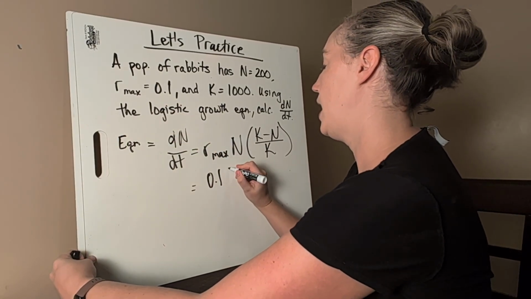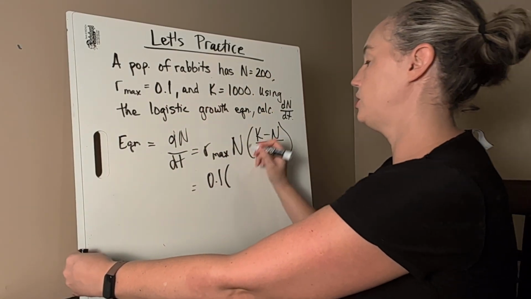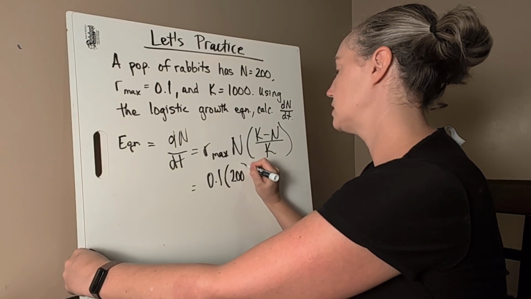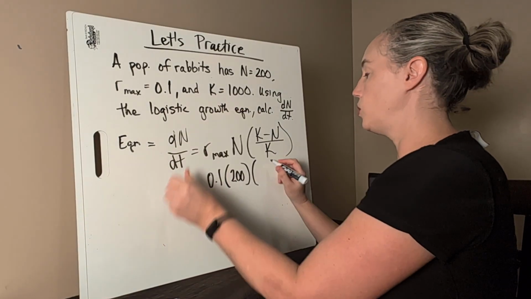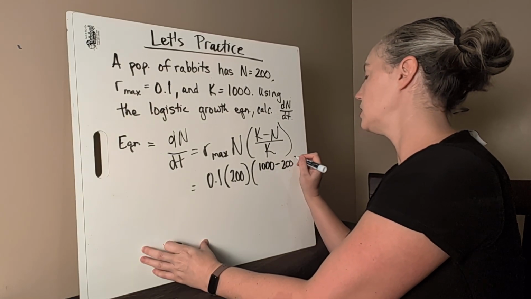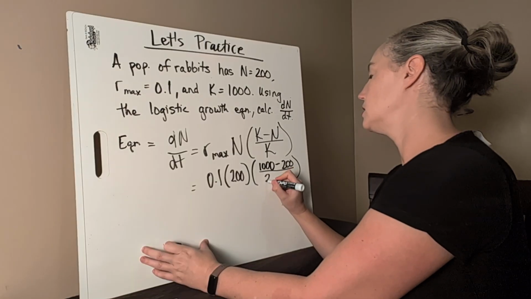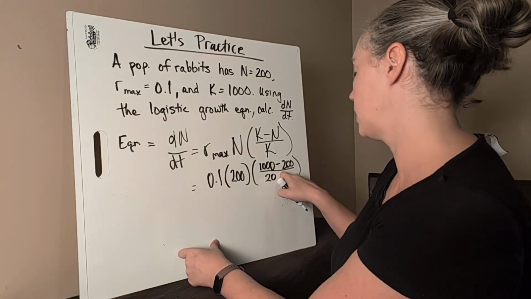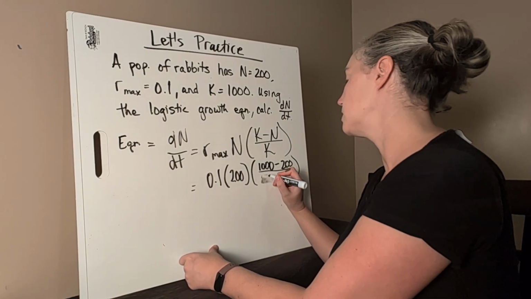R max is 0.1. N is 200. K is 1,000 minus 200 divided by, not 2,000, sorry, 1,000.